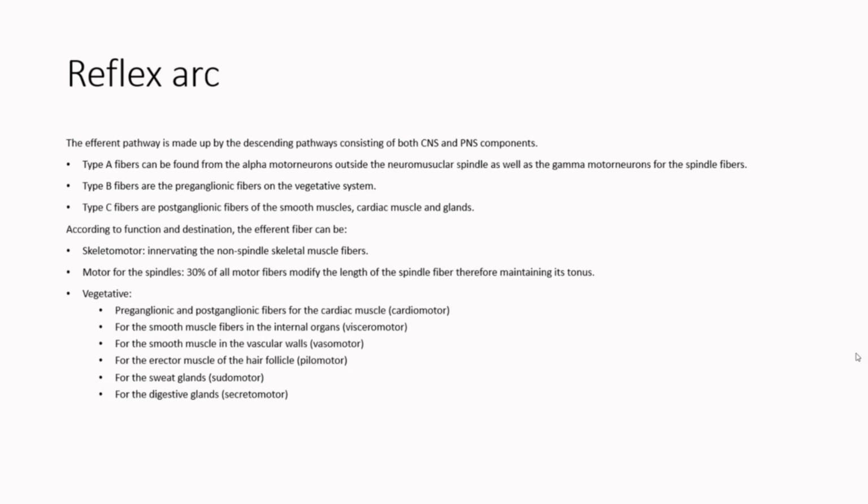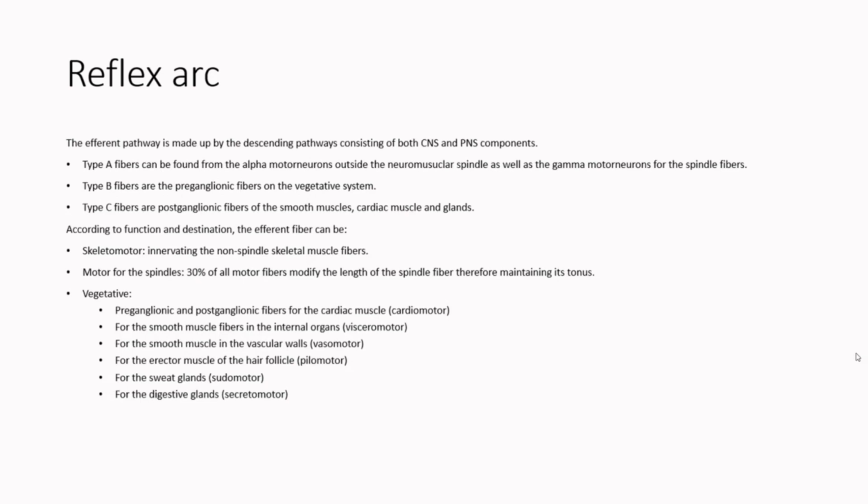Then, according to their function and their destination, these efferent fibers can either be skeletal-motor, motor for the spindles, or vegetative. The skeletal motor will innervate the non-spindle skeletal musculature. Then you have the motor for the spindles, and 30% of these motor fibers will modify the length so they can maintain its tonus.